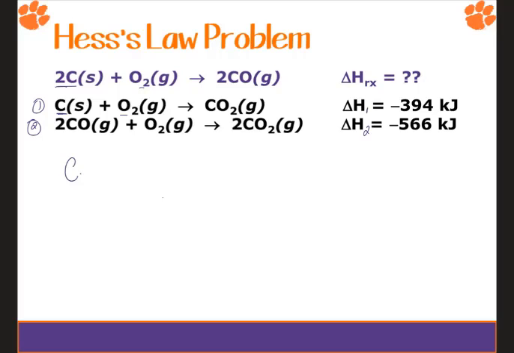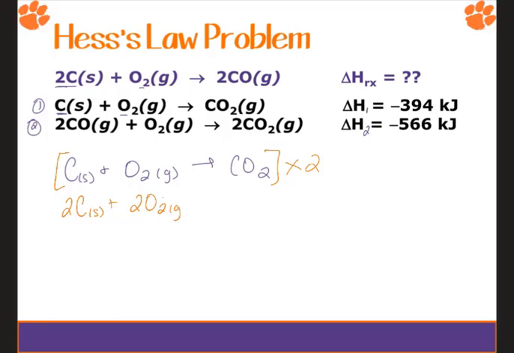So I'm going to write out my solid carbon plus my gaseous oxygen reacts to make CO2. Now, I have 1 carbon here and 2 carbons in my goal reaction. So what I have to do is multiply this whole reaction by 2. That's going to be 2 solid carbons plus 2 diatomic oxygens gives me 2 carbon dioxides. I left off my gas here. That's going to take my delta H1, and I'm going to multiply it by 2.